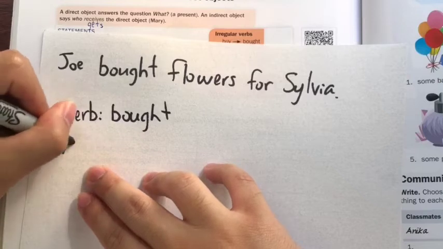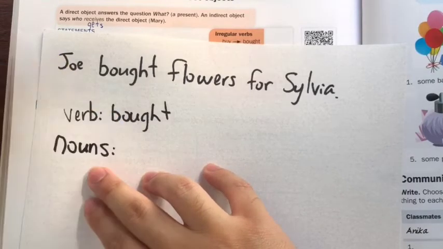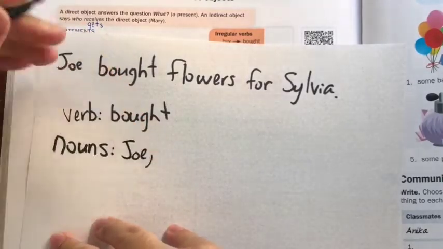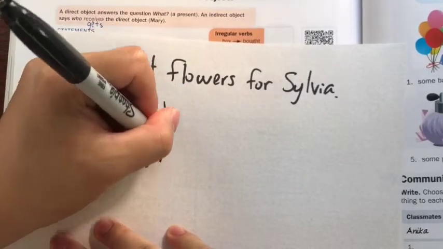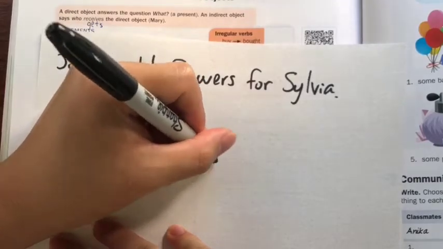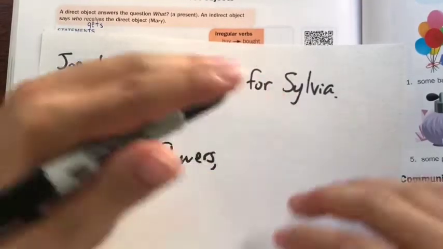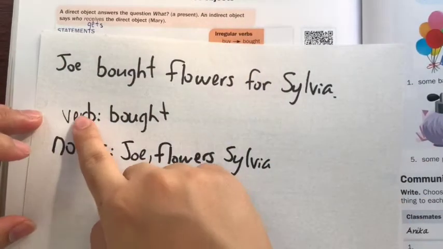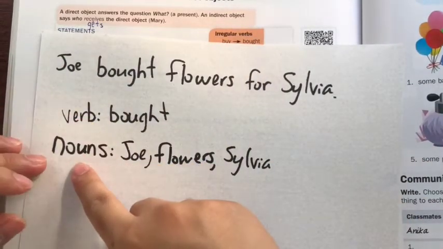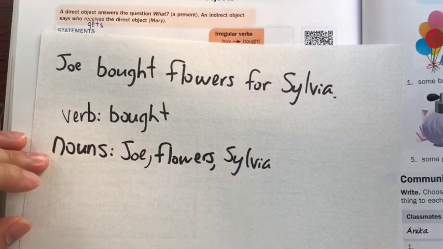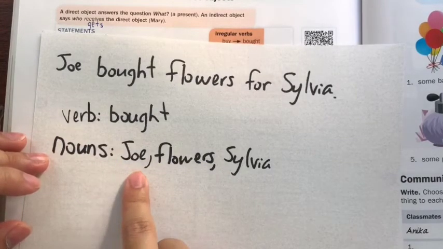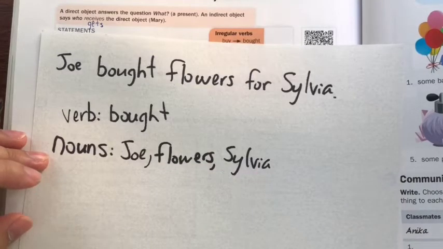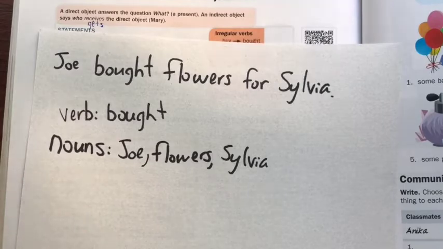What are the nouns in the sentence? The nouns are Joe, flowers, and Sylvia. Remember, a verb is an action, a noun is a person, a place, or a thing. Joe is a person, flowers are a thing, Sylvia is a person. So these are our nouns.